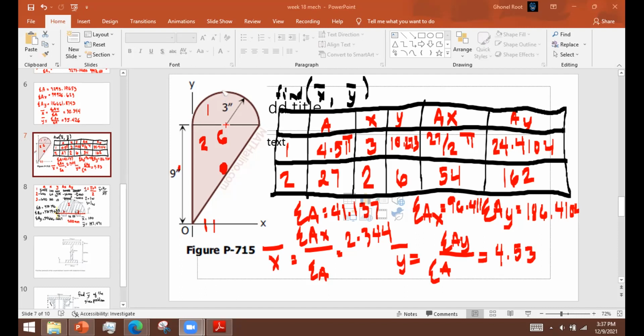So pi r squared, 9 pi over 2, so 4.5 pi. X, which is the longest side, yung nasa left side, x natin is h over 3 lang, so 2, di ba? Next, y natin is sa shape number 2 muna tayo, 27, 2. Yung y natin, so dahil inverted siya guys, so magiging 2h over 3, di ba? So 6. So ayan, so 2, 6.